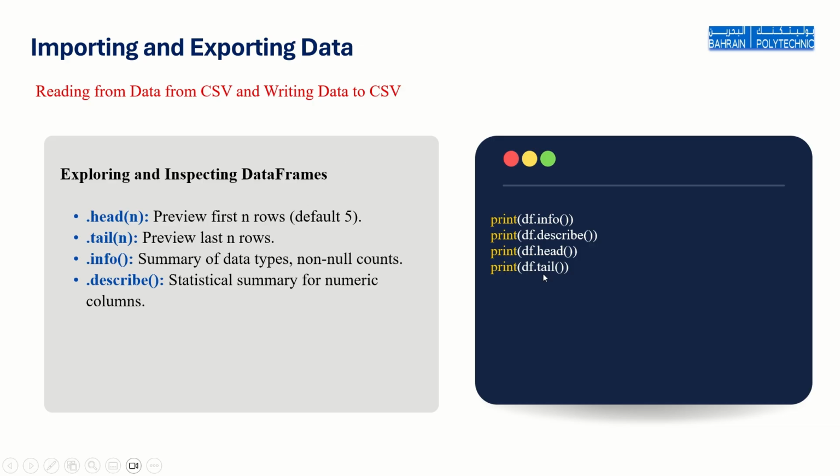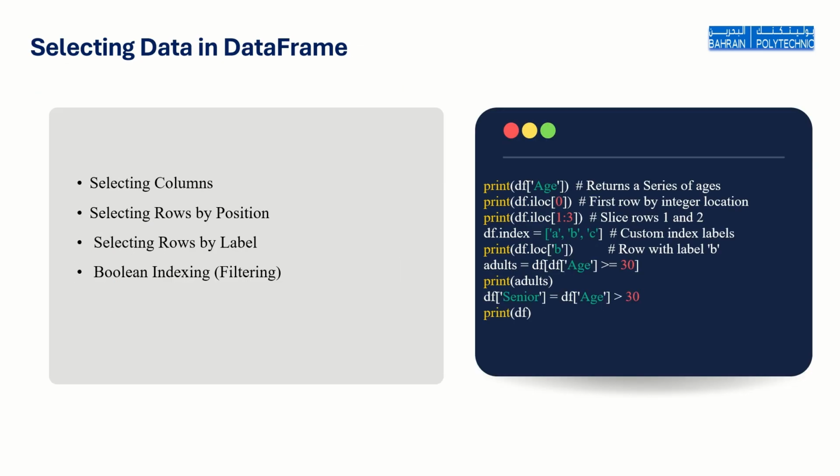Head gives you the first 5 rows, and tail gives you the last n rows. So tail of 5 means 5 rows from the last will be given to you. And these are the different functions. If you print df of age, it will return a series of ages alone.